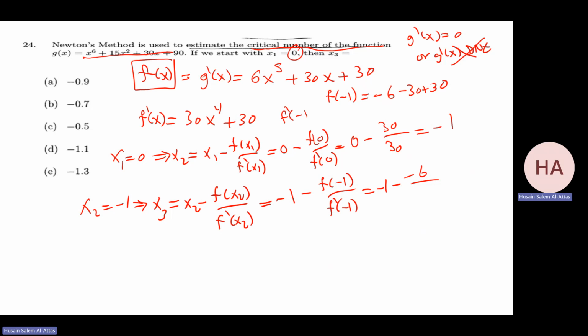That will be 30 plus 30, which is 60. That over 60. So I have minus 1 plus 1 over 10, which is minus 9 over 10, which is minus 0.9.